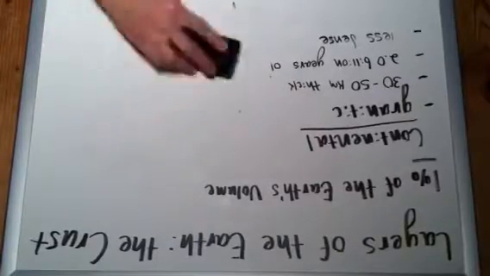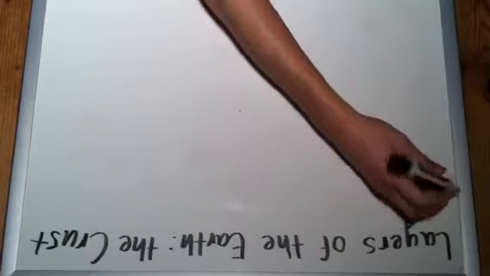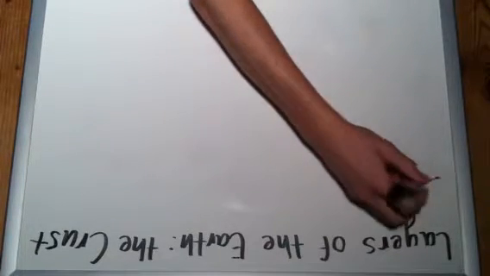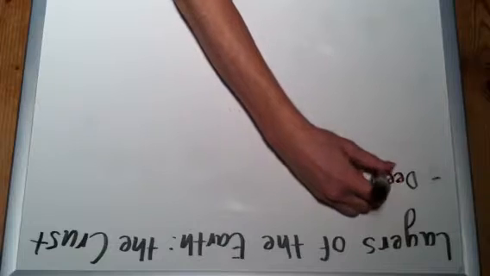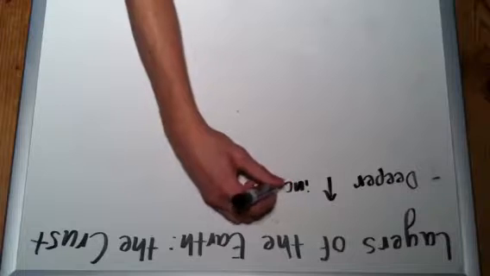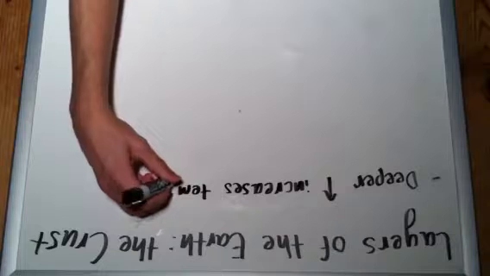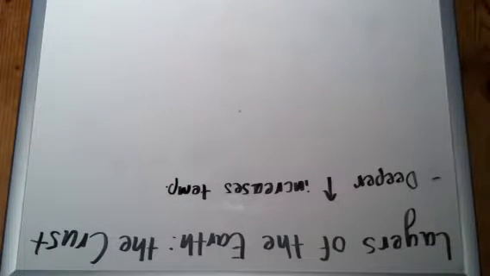And just a few more facts coming your way as far as the crust goes, and those are related to temperature. As you would expect, as you get deeper and deeper into the crust, temperature increases. Go figure, because there's heat radiating from the Earth's core.